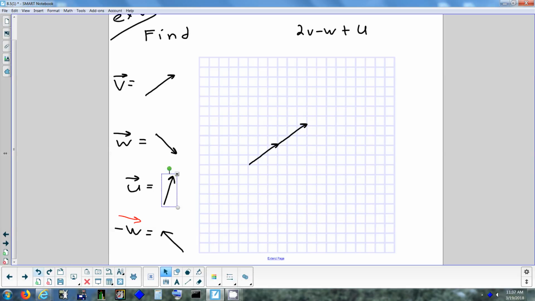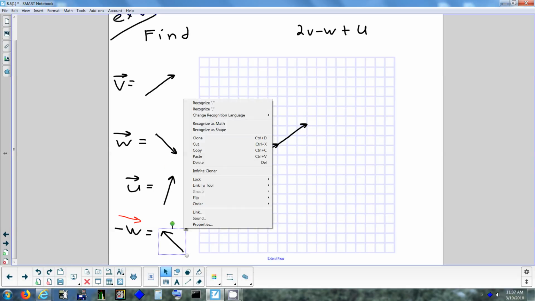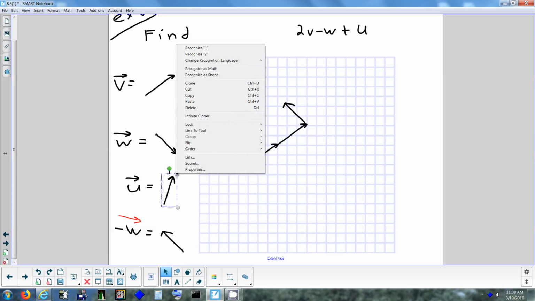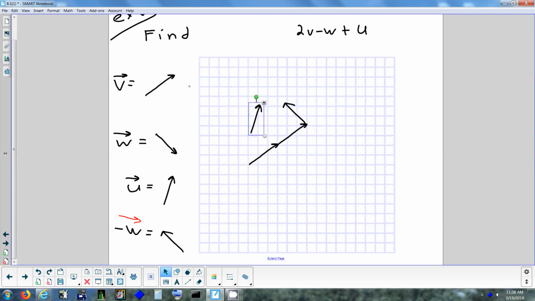Now we need minus w. So I'll take that. And plus u. Put that on the end. Okay, so I've stacked together everything. How do I get my final answer?